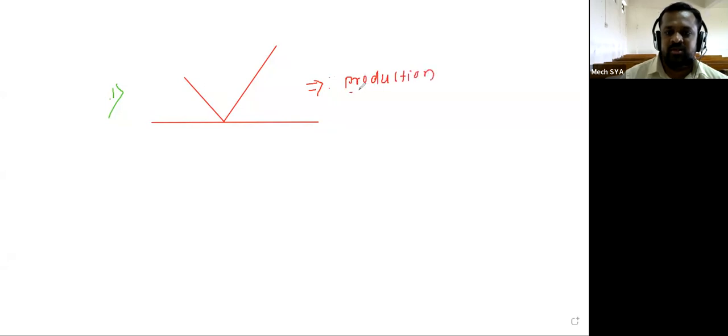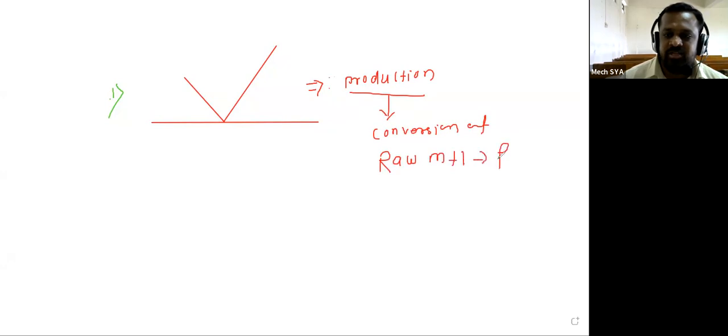Now see here. The production is nothing but the conversion of raw material into the finished product. This process is called the production.